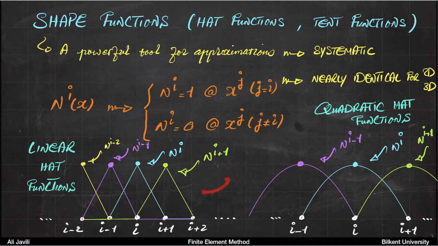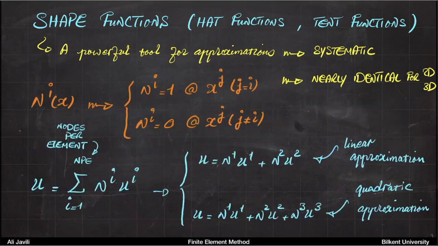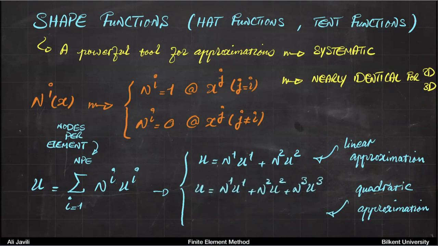So this is the linear version of it, but you can also think of a quadratic version of it. And once you have that, the nice thing is that if you want a linear approximation, this is how you can construct it. If you want a quadratic approximation, you can construct it like that. And if you want a cubic approximation, you can just easily extend the same approach.